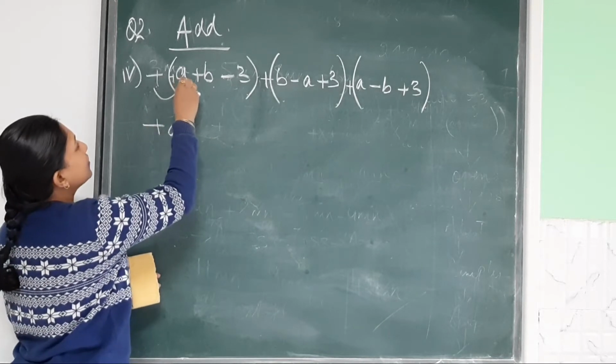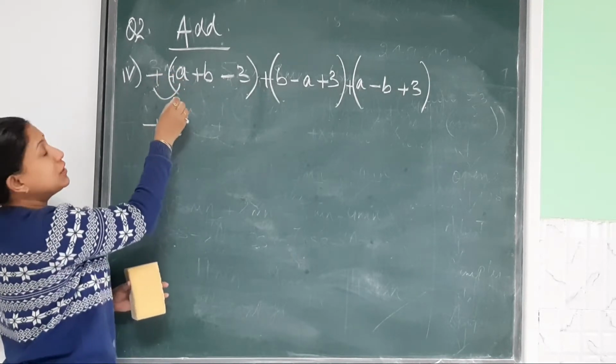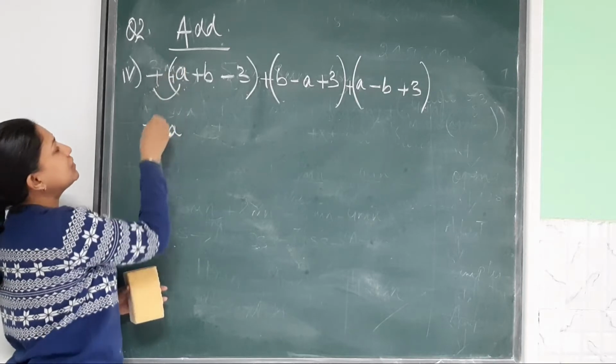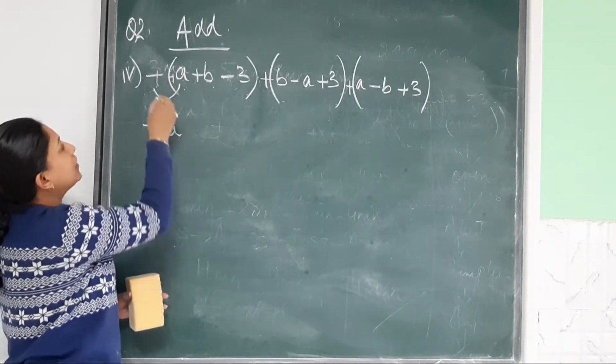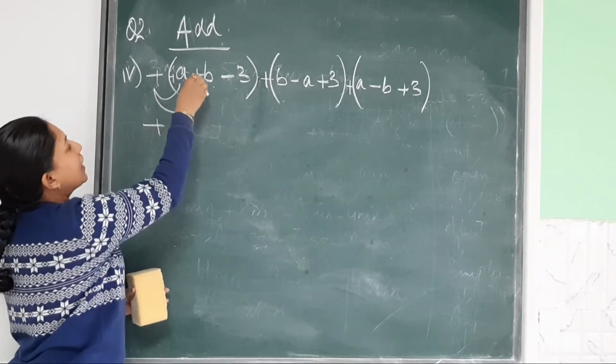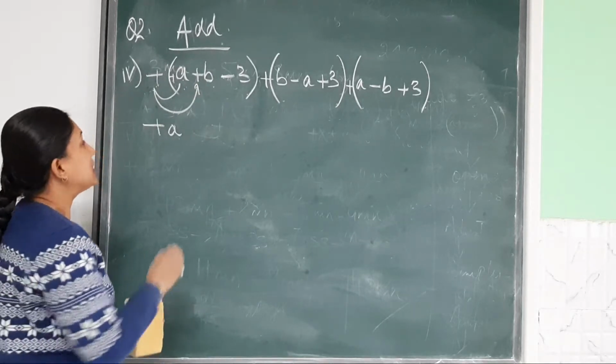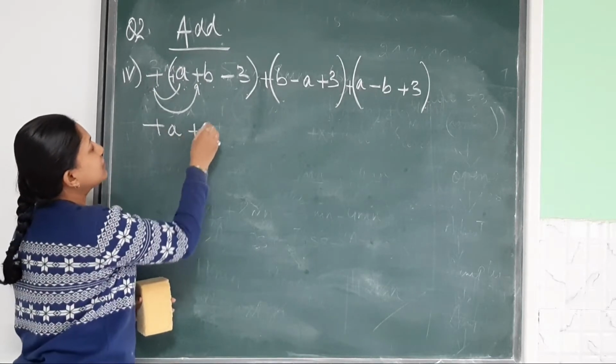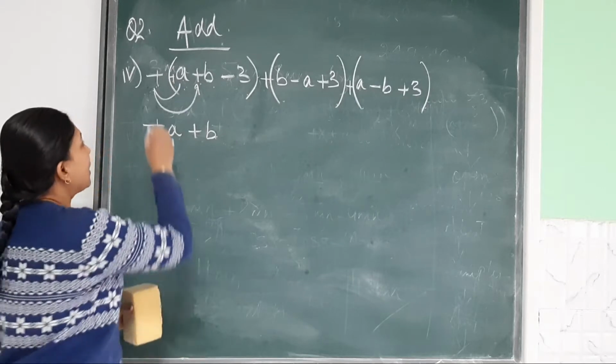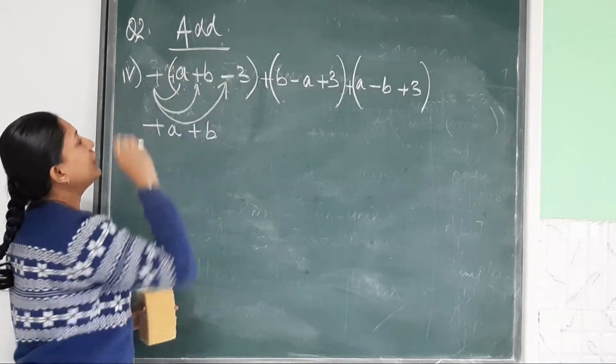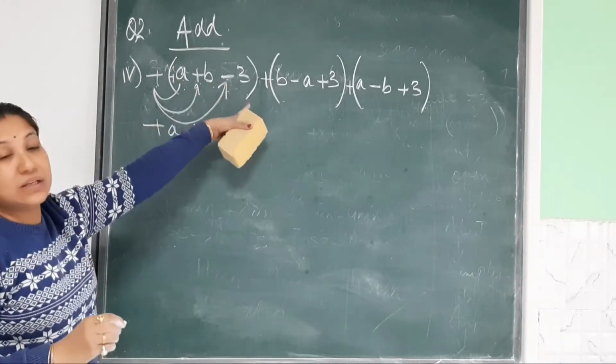Let me show you first the plus and plus signs. Plus into plus, plus a. Write down that a. Now plus will meet the next plus sign: plus into plus, same sign, write the term, again plus. Now it will meet minus 3.